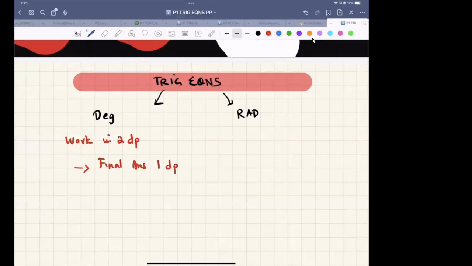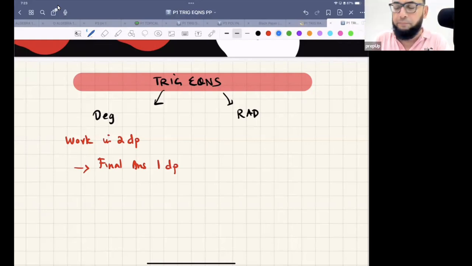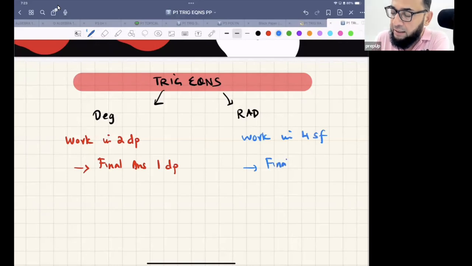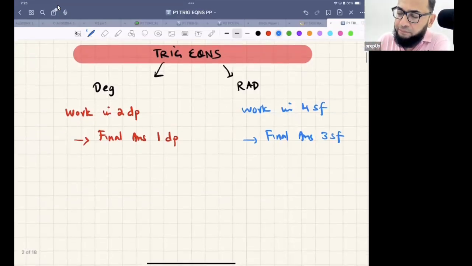And in radians, we should work in 4 significant figures so that the final answer is given to 3 SF. So that is the basic idea that we work with.